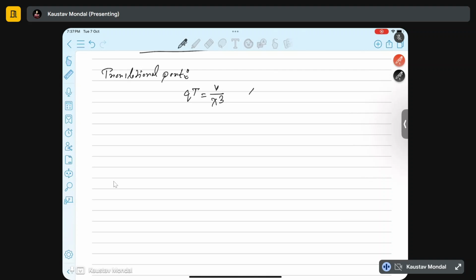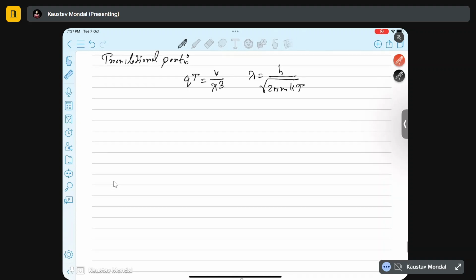And lambda is the thermal wavelength given by h by root under 2 pi m kT. So qt would be simply V by h cubed into (2 pi m kT) to the power 3 by 2. This is the expression of the translational partition function.